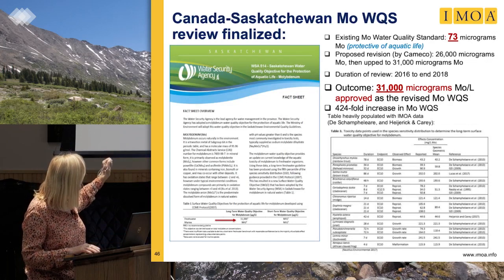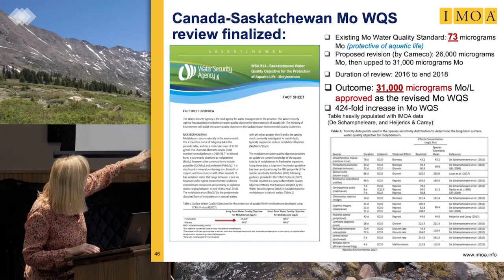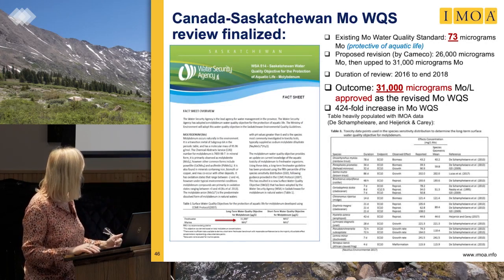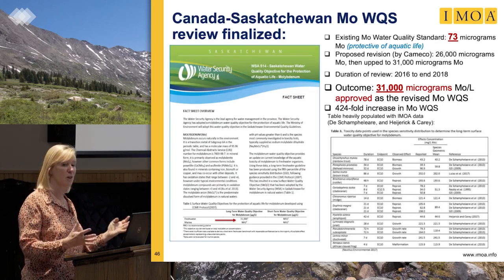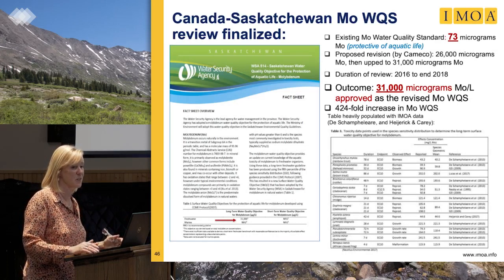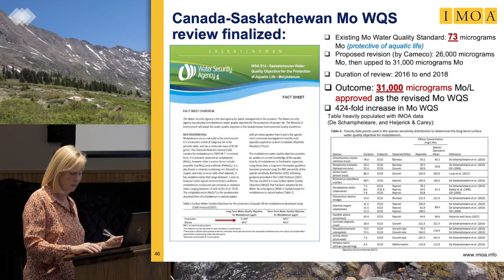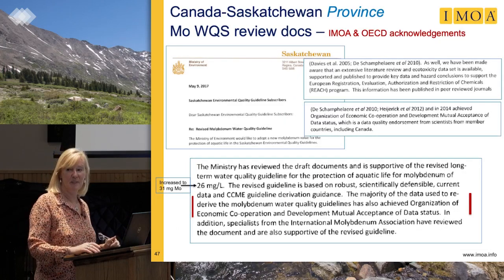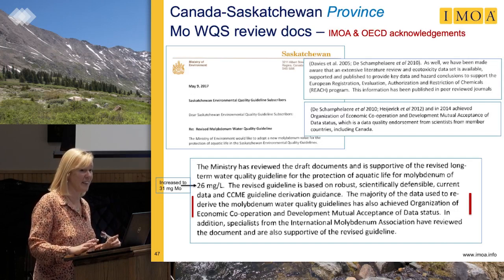And it's slightly blurred, this screen, but all of the data points there except for one, the Lucas trout study, are drawn from the IMOA molybdate data set, which is the one that we provide to everyone. So you could think, well, Saskatchewan might just be a province that's a bit way out there.